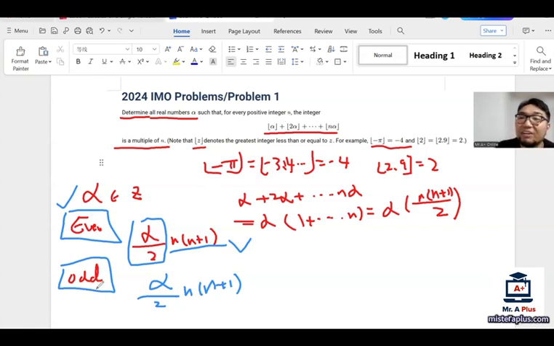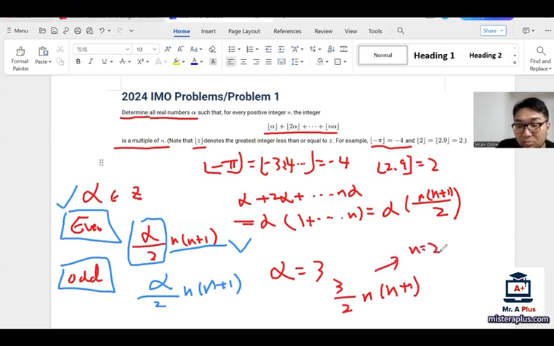So you can just make a counterexample, which is much quicker. If alpha equals 3, this will be 3 over 2 times n plus 1. If n is, let's say, 2, does that work? Yes, 3 over 2 times 2, 2 plus 1, equals 9.